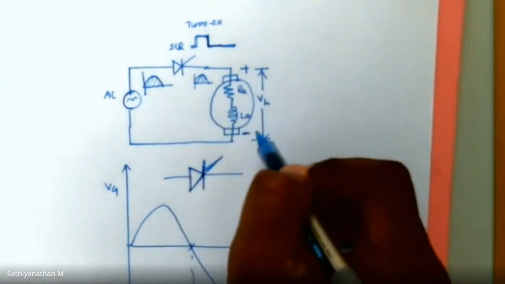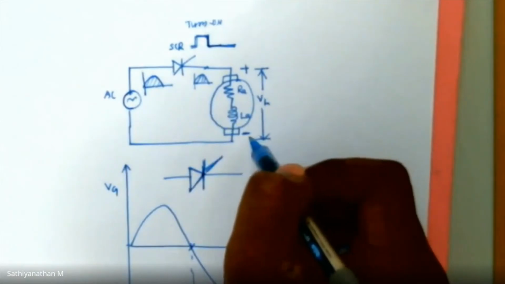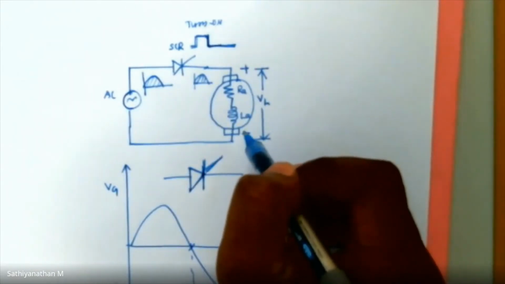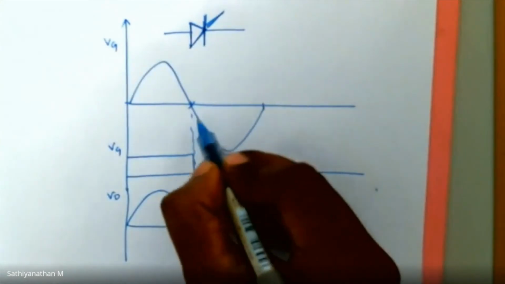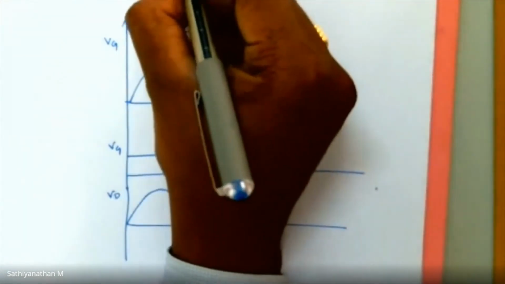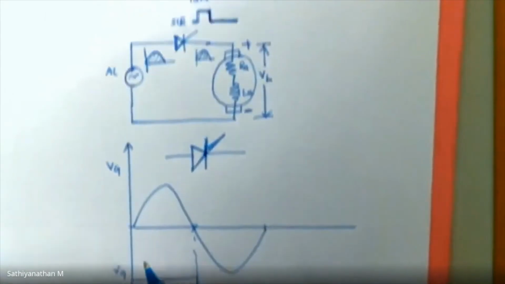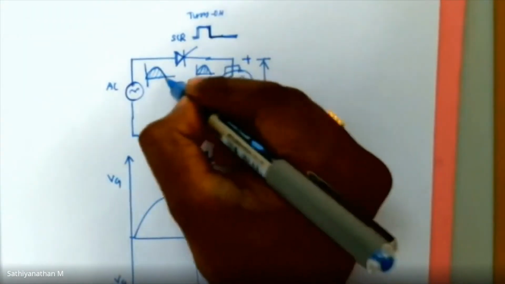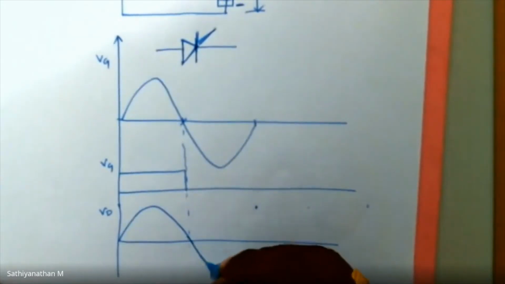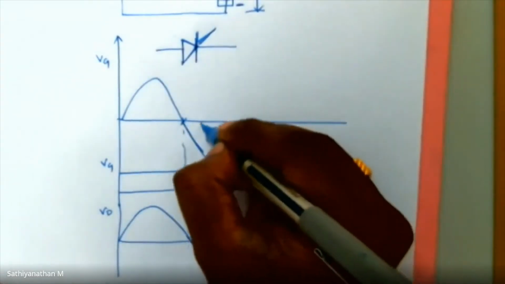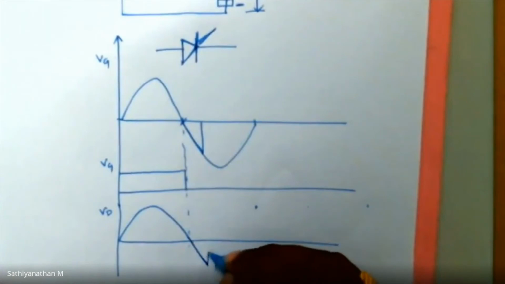The energy stored in the inductor will not allow your SCR to turn off. So still your device is in conduction. It extends the turn on time till this.